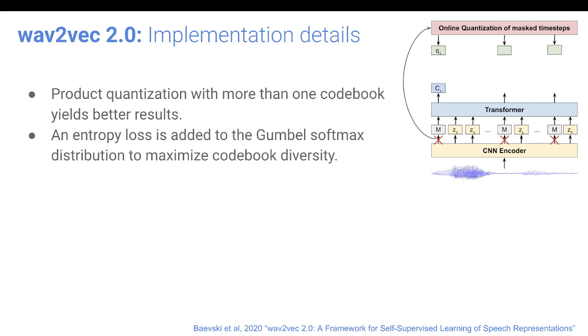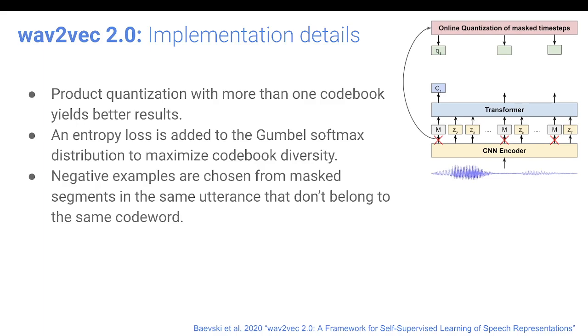Otherwise you don't want the codebook to collapse, with very few indices that are active. For example, a collapsing case would be only speech and silence being used. But you want to ensure that this codebook is diverse enough, used across multiple time steps in the same utterance and many time steps in the whole batch. Hence this entropy maximization term in the loss function.